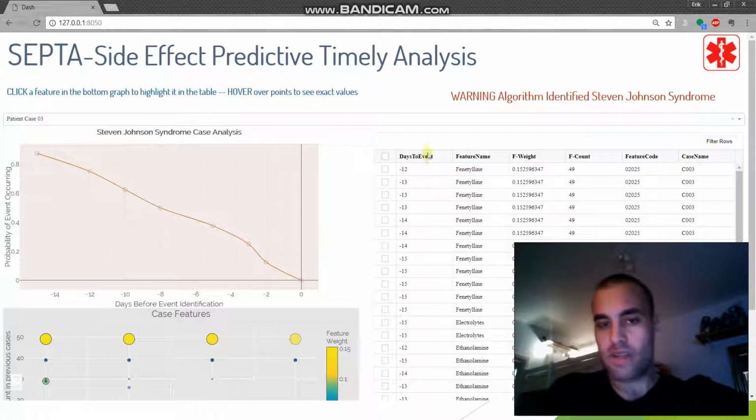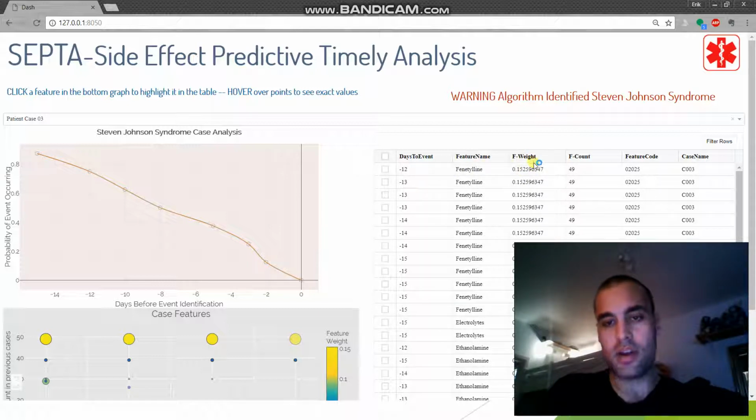The days to event indicate the days prior to the Stevens-Johnson syndrome event, being day 0. The identification day is always day 0. The feature weight is the weight attributed by the model of a feature.